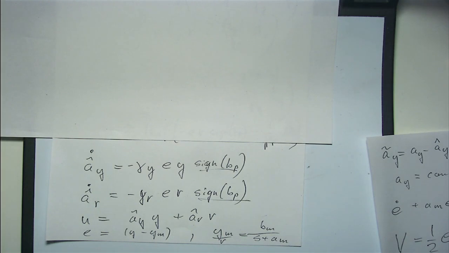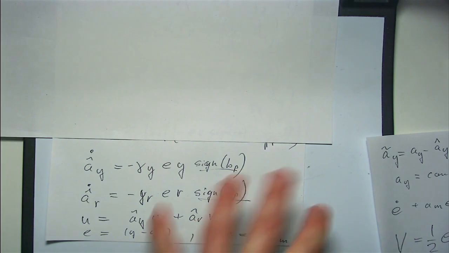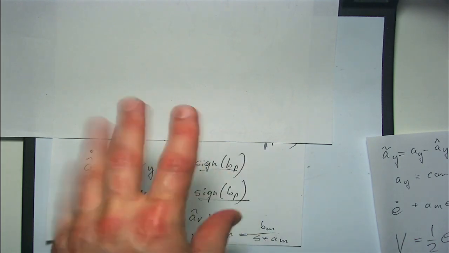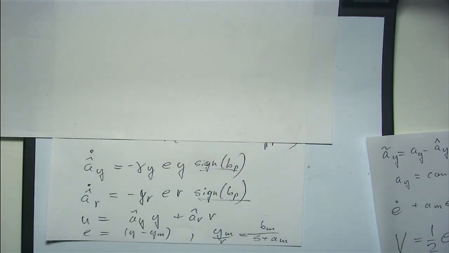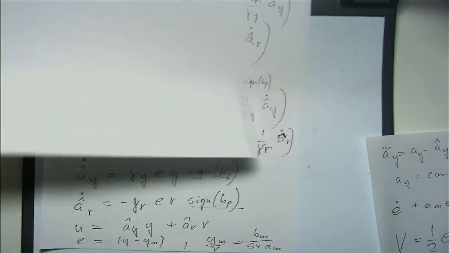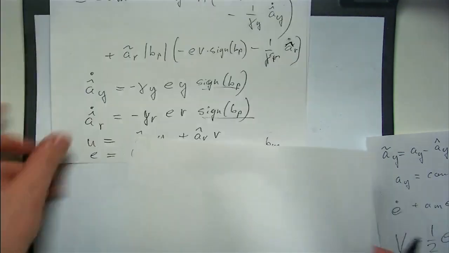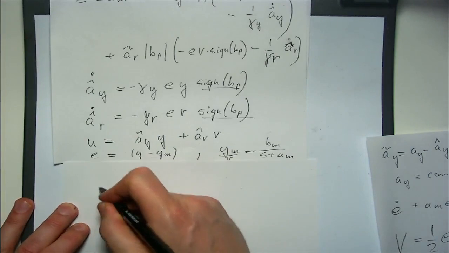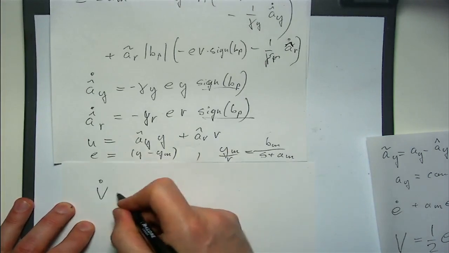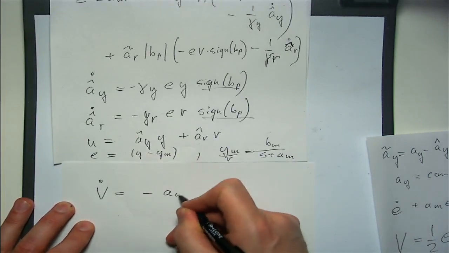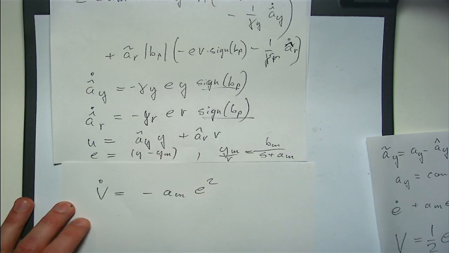Okay. So that's why this adaptive law is quite flexible. In a way, it's quite nice to use. The only thing is we end up now with V dot equals minus am e squared.